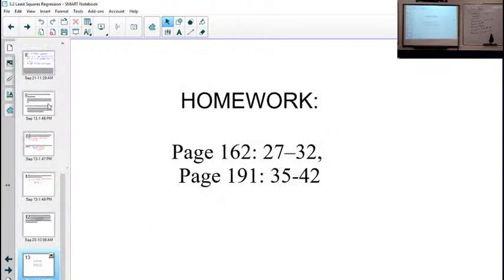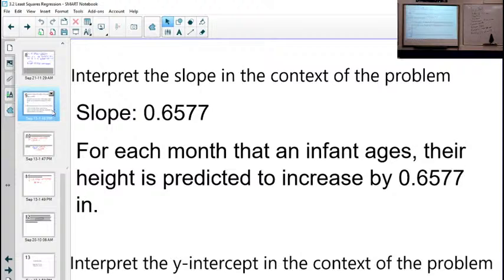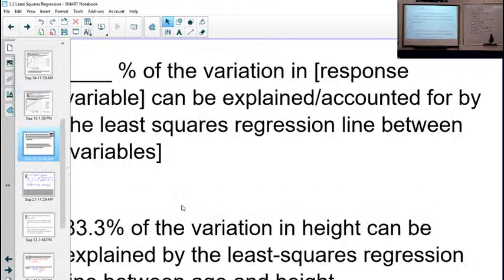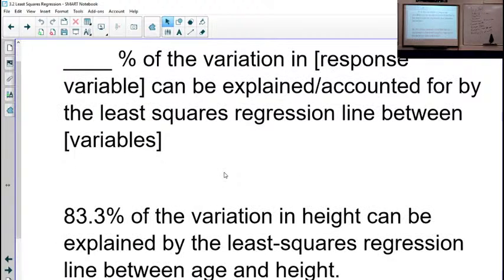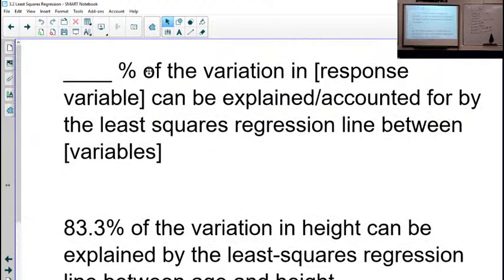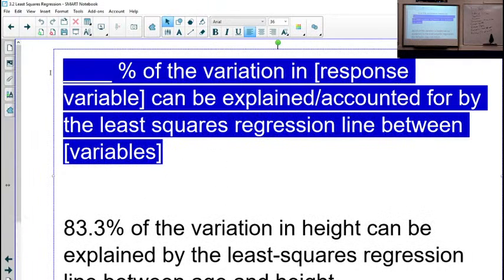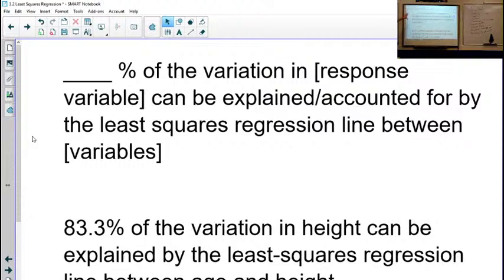I want to show you here. For yesterday's example, this is the general interpretation of r squared. This is the structure of the sentence you're going to write when you interpret r squared: percent of the variation in the response variable that can be explained by the least squares regression line between my two variables.